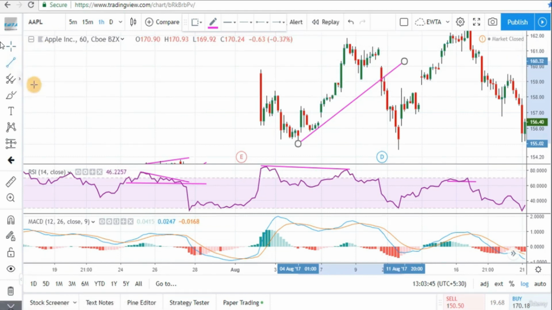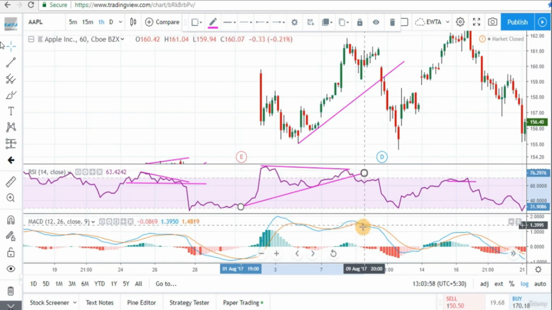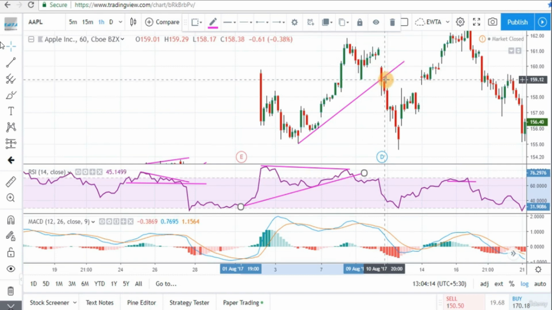We will draw a trend line for RSI also. This is the trend line for RSI. So at this point we are getting a signal, and MACD is giving a short sell signal at this point. So at this level we are getting a short sell signal, but we will wait for the breakdown of prices and we will make our short sell position at the open of this candle.